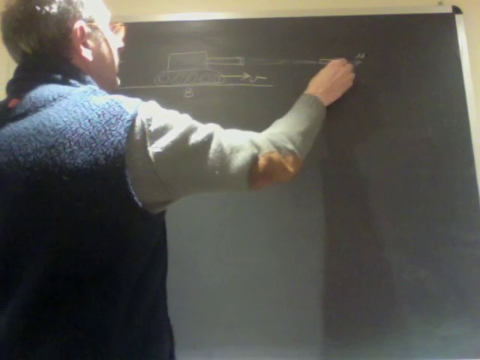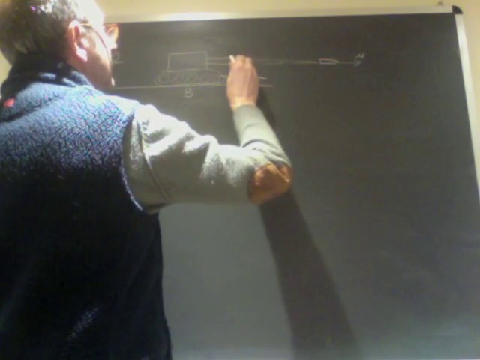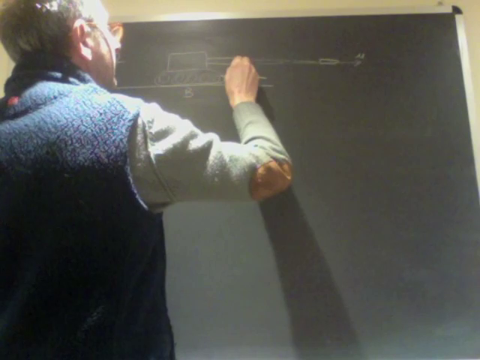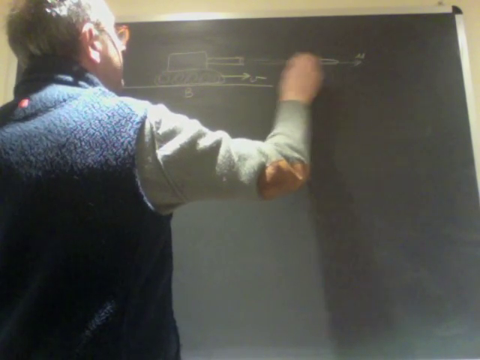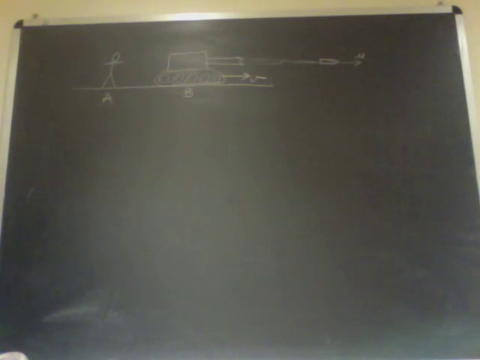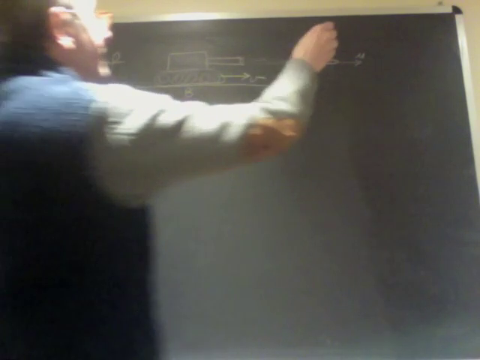So u is the speed at which the projectile, the bullet, exits from the mouth of the gun. And this is the object C.